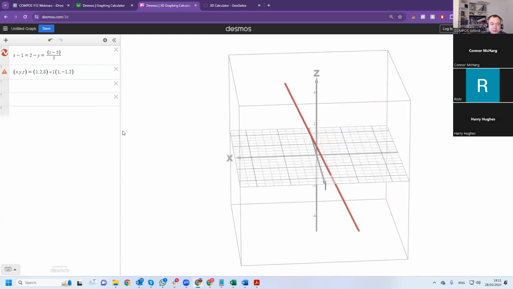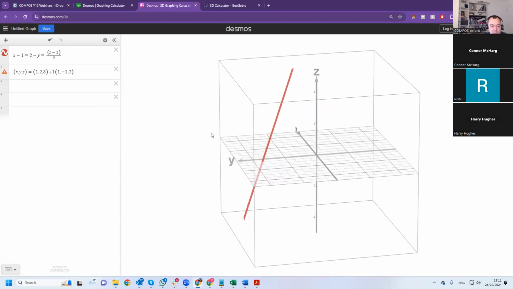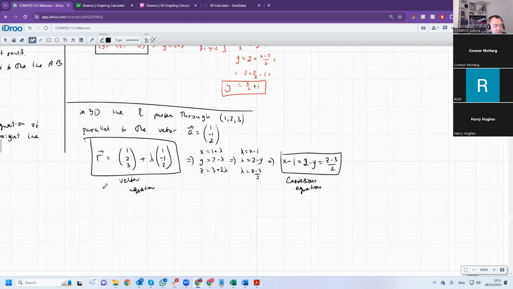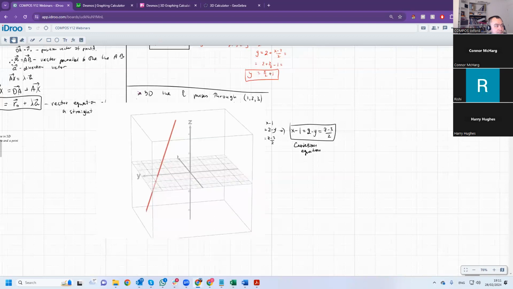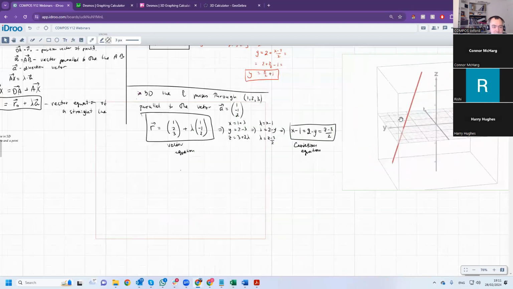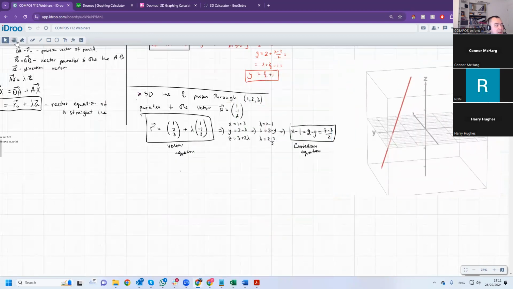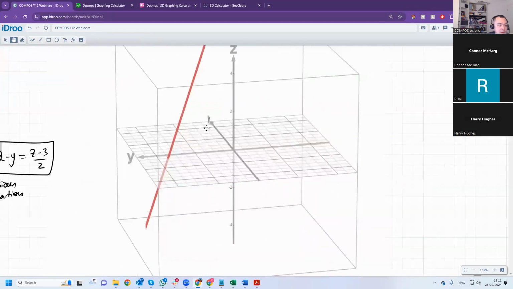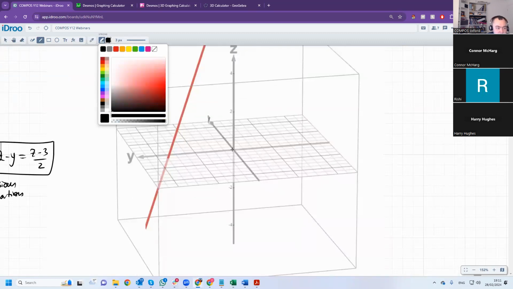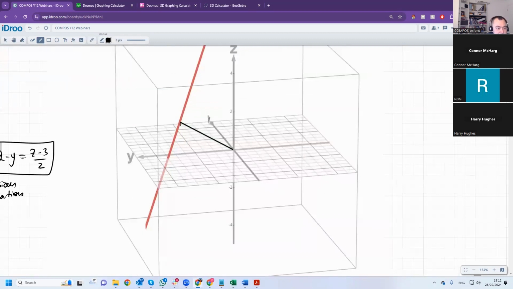And as you change the value of lambda, what happens is the vector r, the crucial one, changes like this.